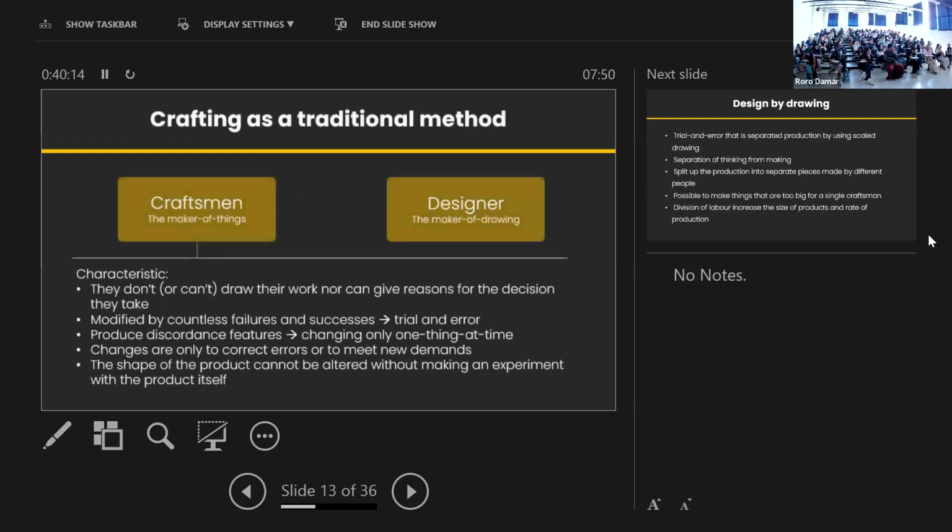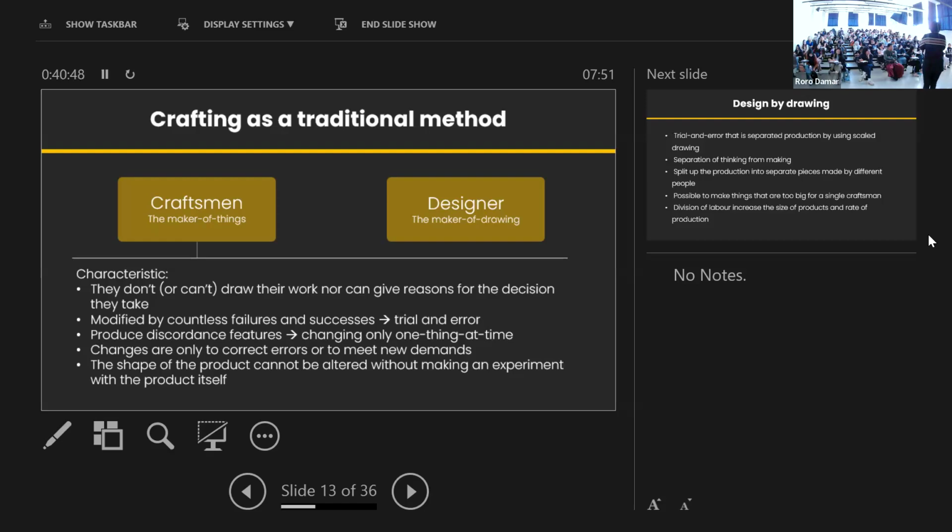Okay, now I want to touch on the difference between craftsman and designer. As I mentioned before, Design with capital D is a new stream in education. Designing is a new knowledge. Before that, many people did crafting.